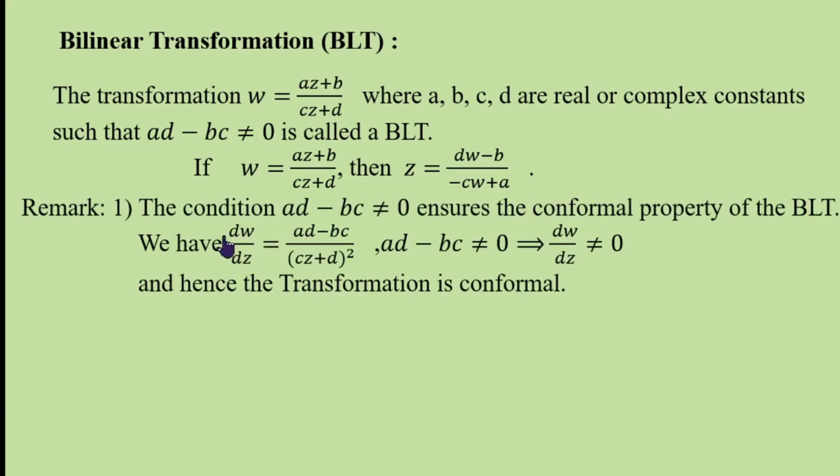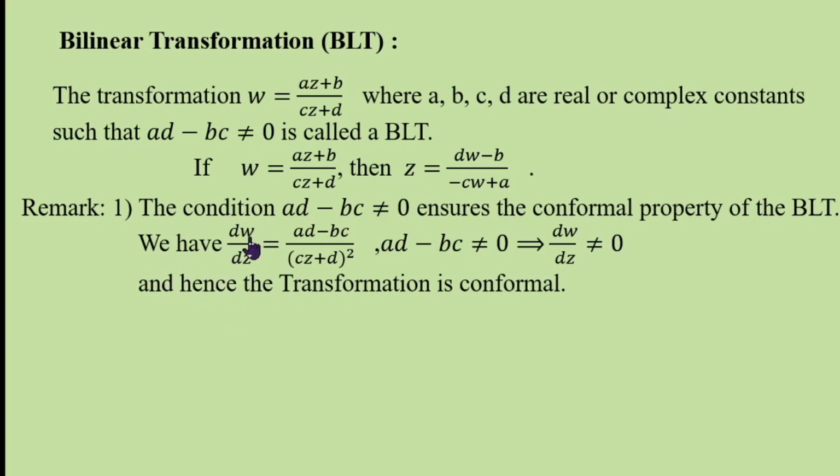In bilinear transformations, the condition AD minus BC not equal to 0 ensures the conformal property of BLT. That means if AD minus BC is non-zero, then the bilinear transformation is a conformal transformation.